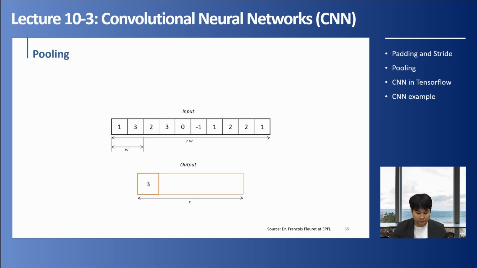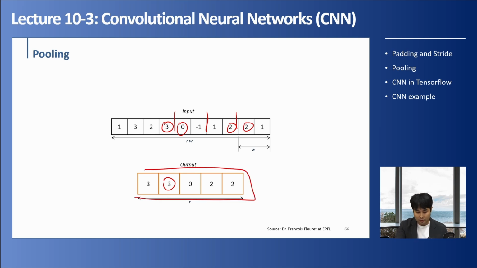So starting with the first 2 values, the maximum of these 2 values is 3, meaning that our output of the pooling operation for the first pixel would be 3. Shift over 2 steps and find that the maximum is 3. And for these 2 pixels, the maximum is 2.